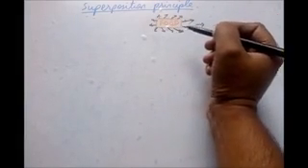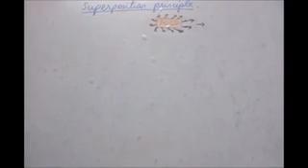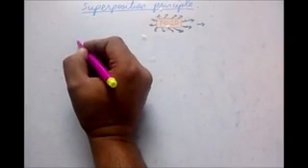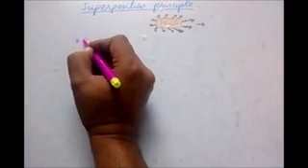According to the superposition principle in electrostatics, the total force acting on a given charge is equal to the vector sum of forces exerted on it by all the other charges. Now let's take a charge here. Let this charge be q1.